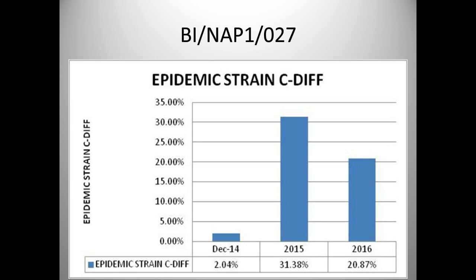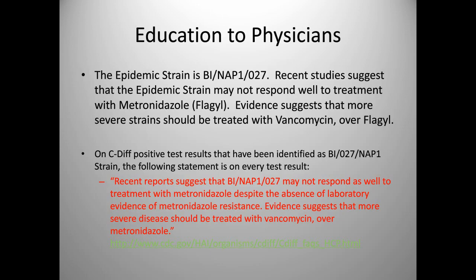So we did some education with our physicians on appropriate treatments, and we put some wording on the actual lab reviews that was on this slide, so that it tells the physicians, the recent studies show that the epidemic strain may not respond well to the treatment with just Flagyl, and that more severe strains should be treated with vancomycin over the Flagyl. And so this is put on every one of the results that come out that are positive so that the physicians can determine treatment from that.